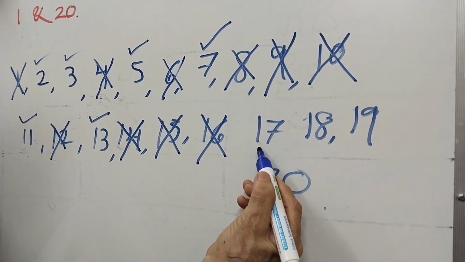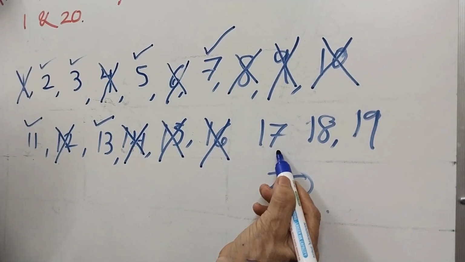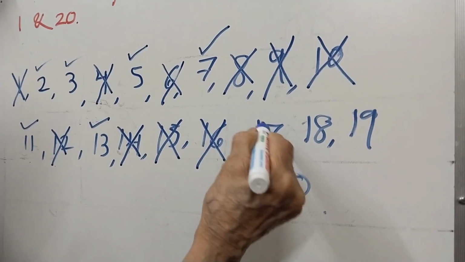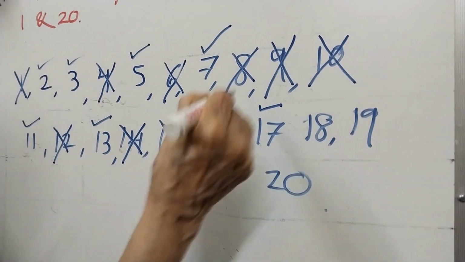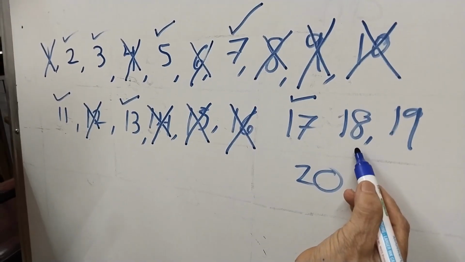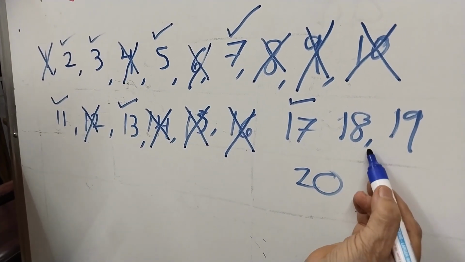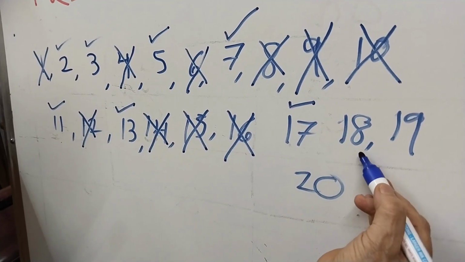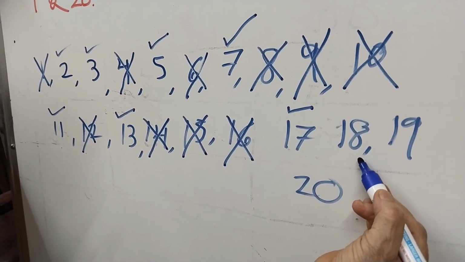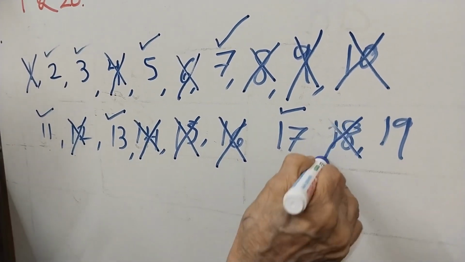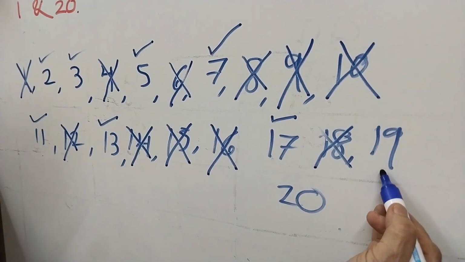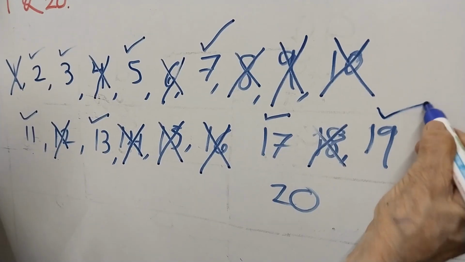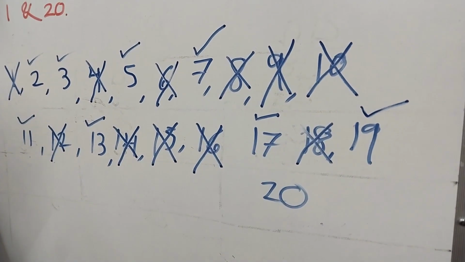17. 1 is a factor, 17 is a factor. In between there are no factors, so only 2 factors for 17, so this is a prime number. 18. 1 is a factor, 18 is the last factor and in between 6 3s are 18 and hence 18 is also not a prime number. 19. 1 is a factor and 19 is a factor, in between no factors, so this is a prime number.